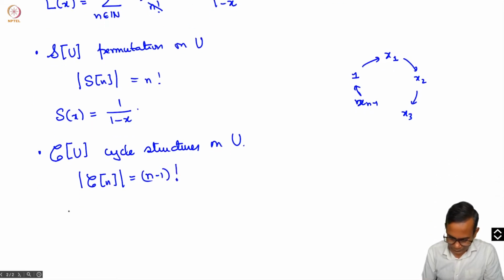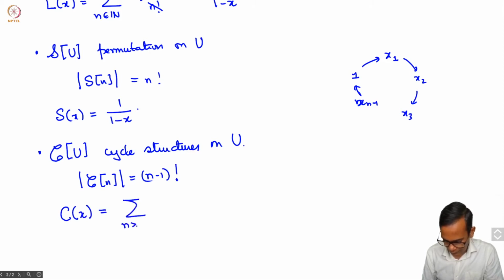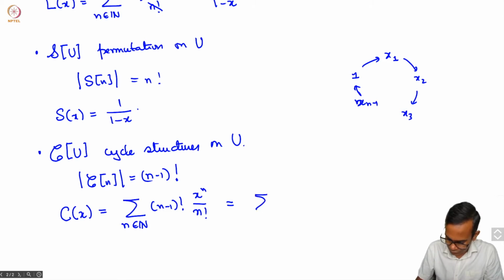And so the generating series here is going to be C of x equal to the summation over n of (n minus 1) factorial x to the power n over n factorial. But that is nothing but the summation over n of x to the n by n, which is the log of 1 over 1 minus x.